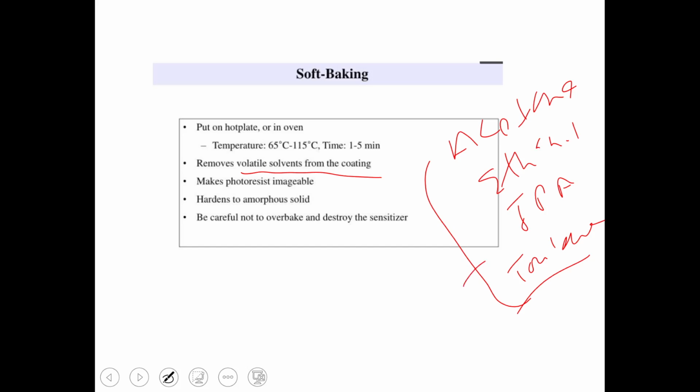So we do the soft baking. It makes the photoresist imageable, so the shadow mask image can be transferred onto the devices. It hardens it to amorphous solids. Be careful not to overbake and destroy the sensitizer.